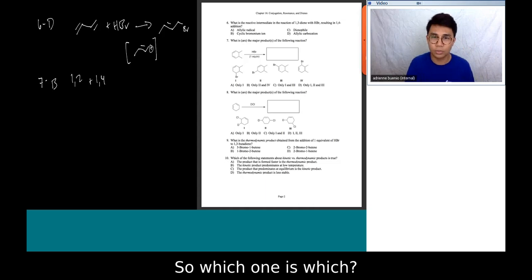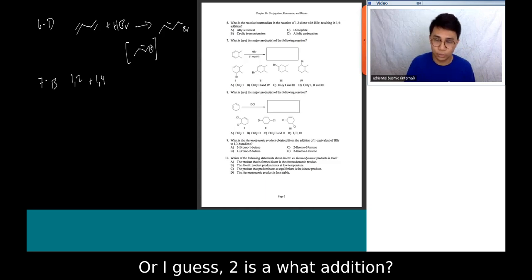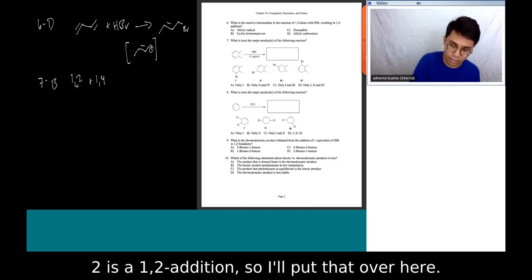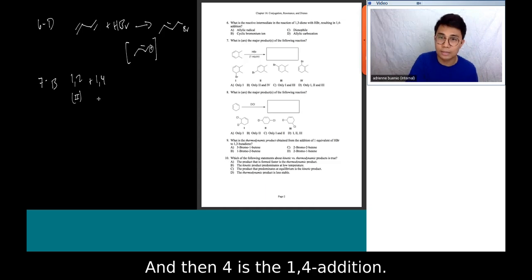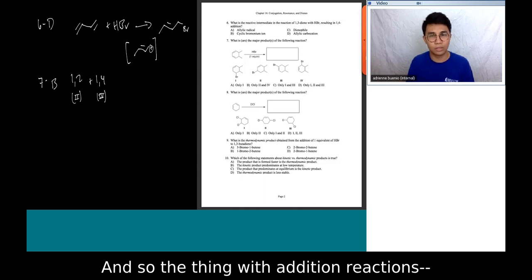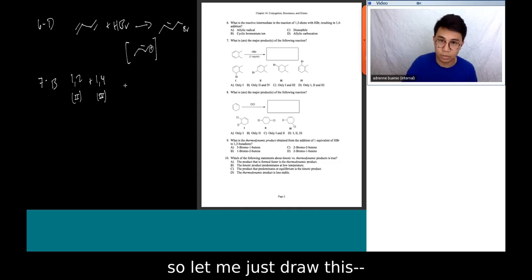So which one is which? Or I guess 2 is a what addition? 2 is a 1,2 addition, so I'll put that over here, and then 4 is the 1,4 addition, right? And it makes sense.